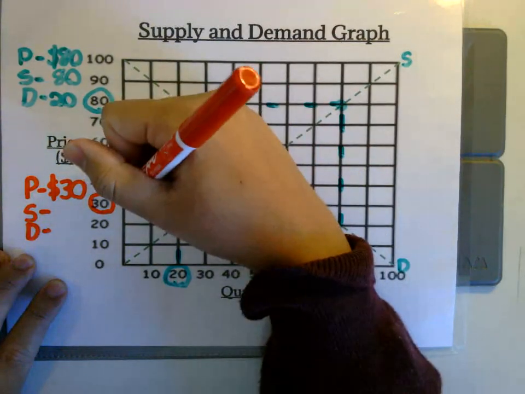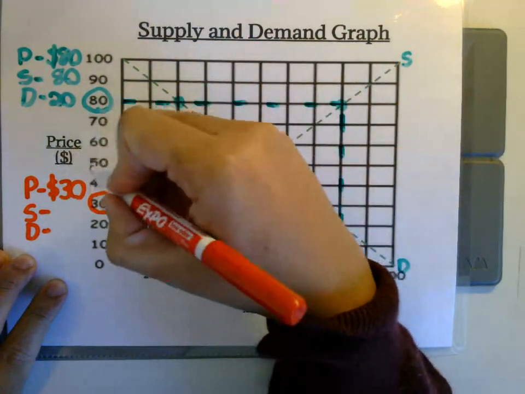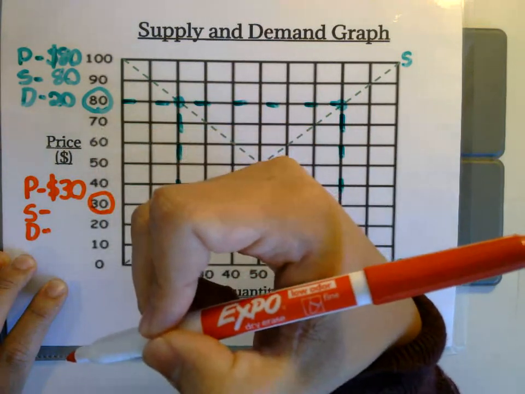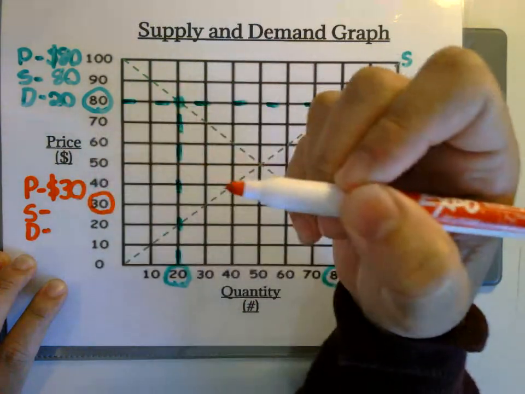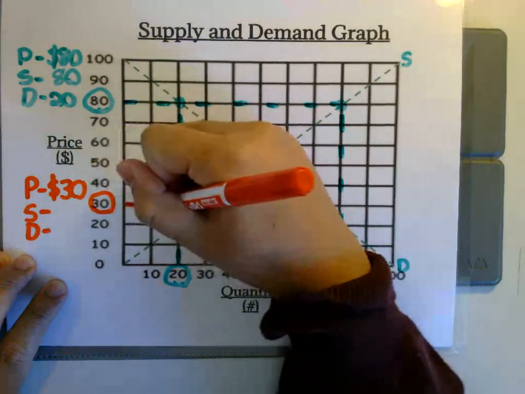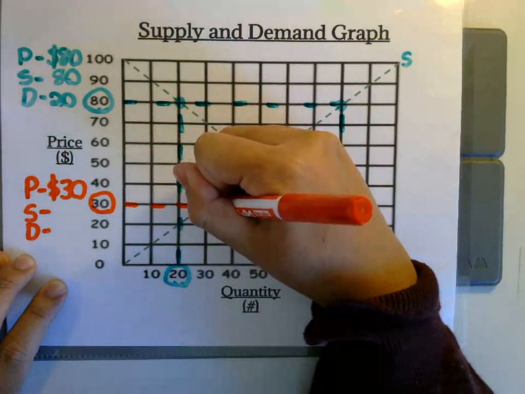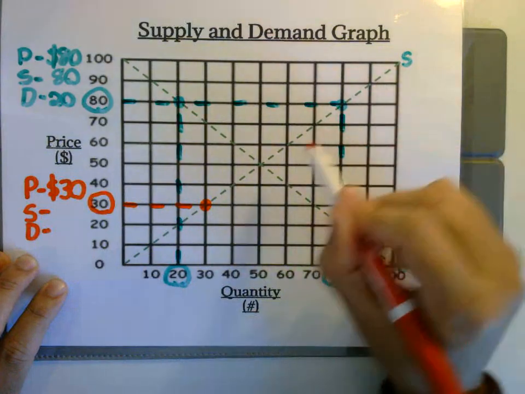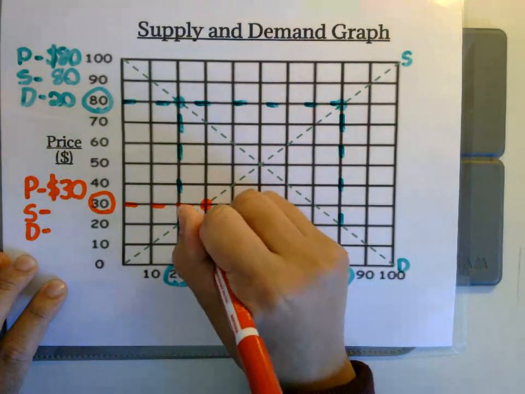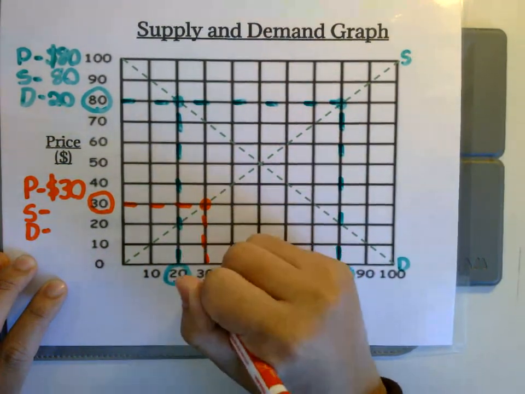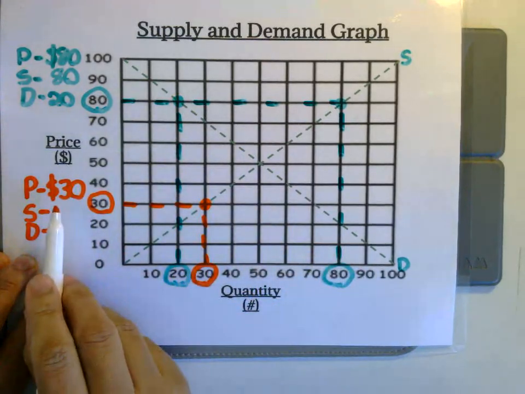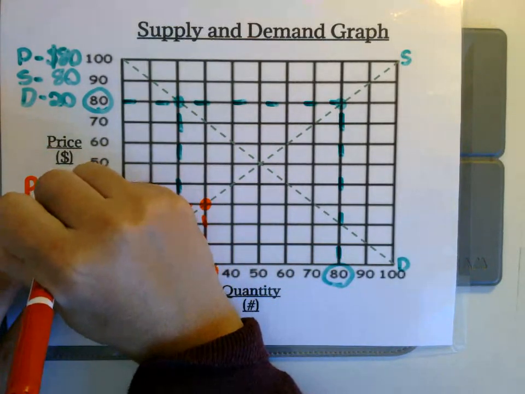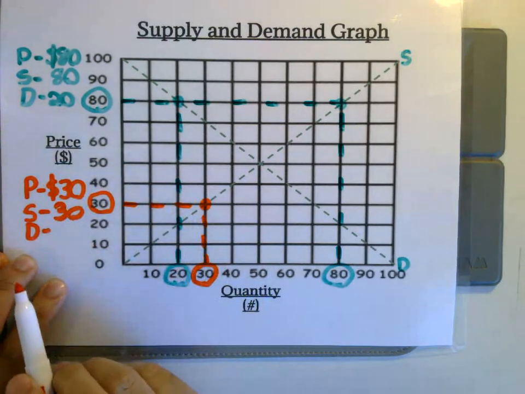Well, if you paused it and tried to figure it out on your own, what you should do is first look for the supply or the demand at $30. So let's go across. Let's figure out which is the first line we hit, supply or demand. It's going to be the supply line because that's the line that goes to the sky as you go down. And so you have found out that at $30, 30 units of your shoe will be supplied.